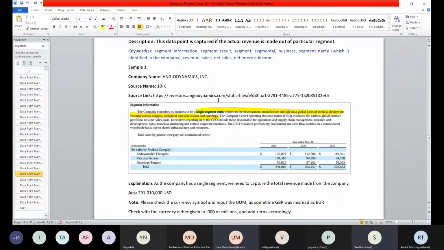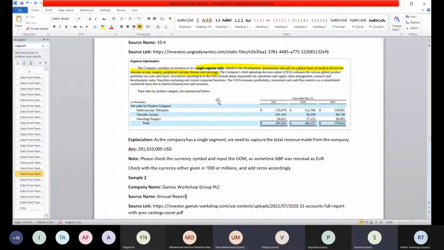The cross checking means with the same report, we have to check the segment-wise revenue in the same full report. Like if you are getting any annual report, these are the primary reports, like the annual report or business report or 10K report or 20-F report or universal registration documents.